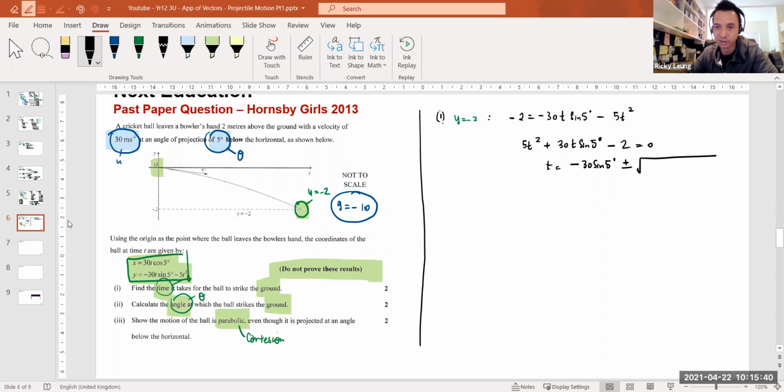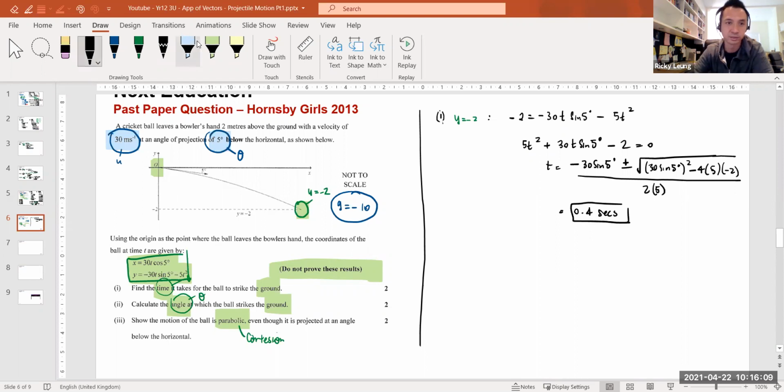So I'll put plus minus there, but we're only going to use a plus. So 3 sine 5 degrees on your calculator squared minus 4AC, all over 2A. So if you did that, I think it's about 0.4 seconds. Yeah, perfect. Not too bad.